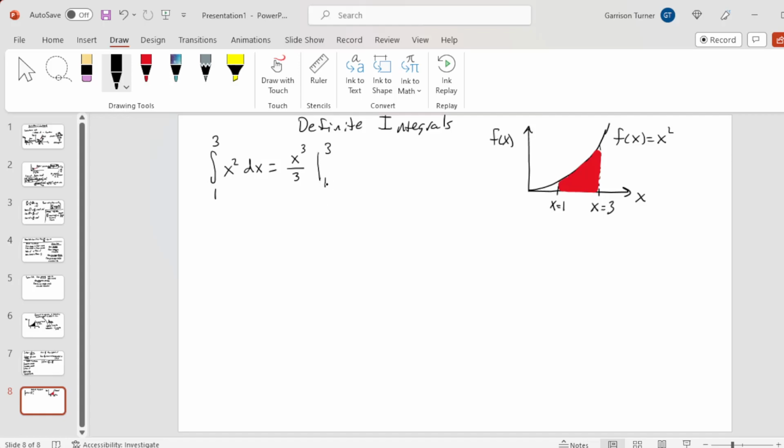So this line with the numbers at the bottom and top means evaluate this function from 1 to 3. What this means is that I'm going to plug in my top value, my upper limit, for my x value, and then subtract the result of plugging in my lower limit for x.